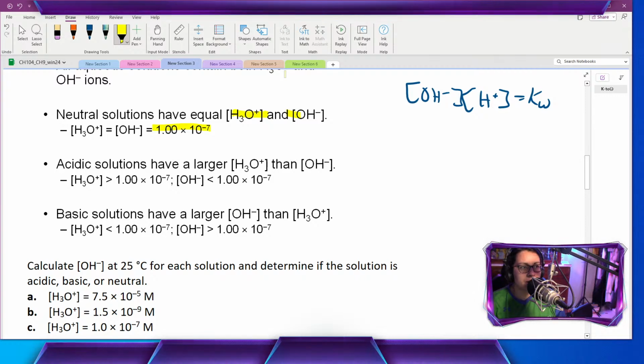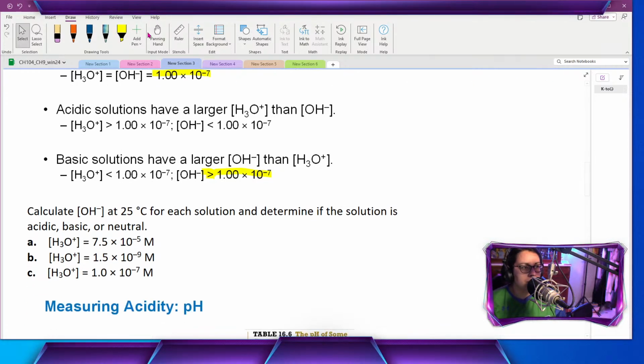Comparatively, basic solutions have a larger hydroxide than hydronium concentration, so hydroxide would be greater than 1 times 10 to the negative 7th. Start with these, and see if you can determine whether it's acidic, basic, or neutral.